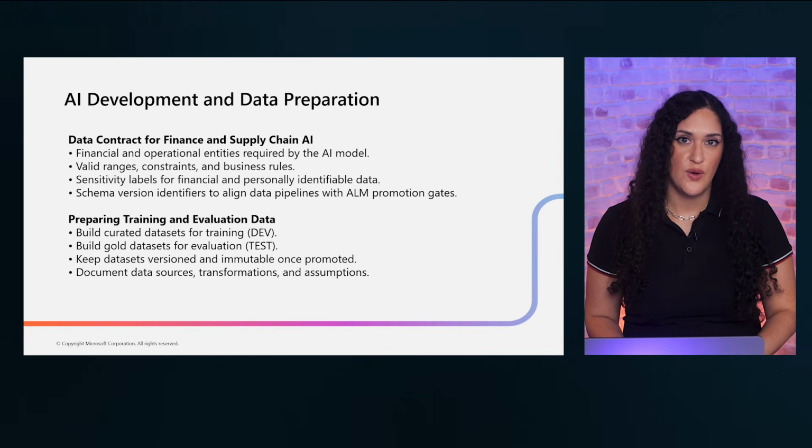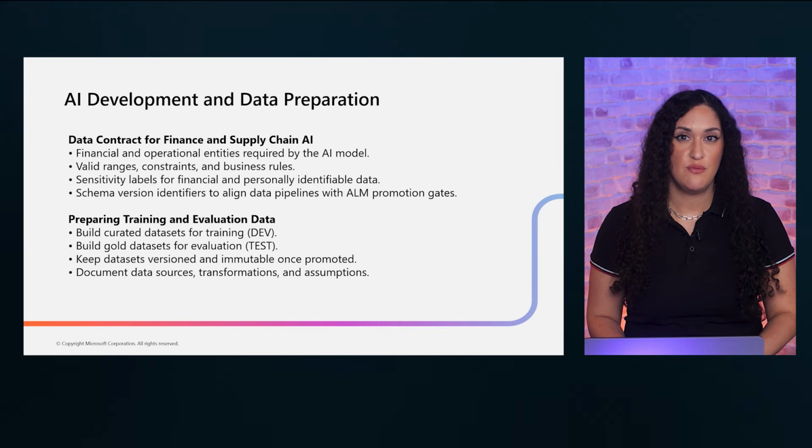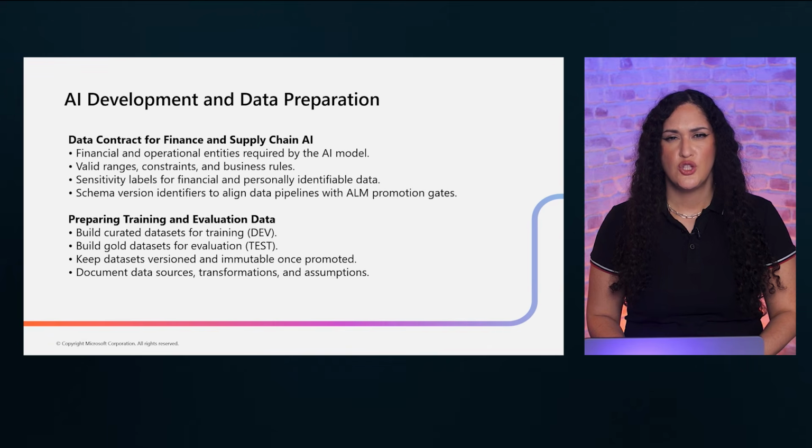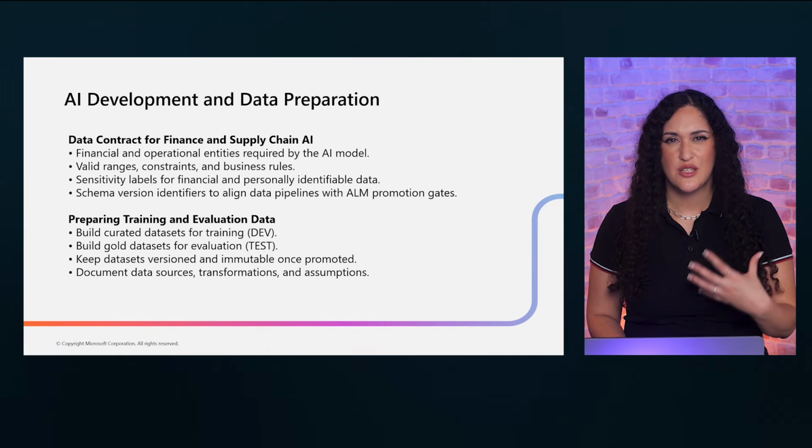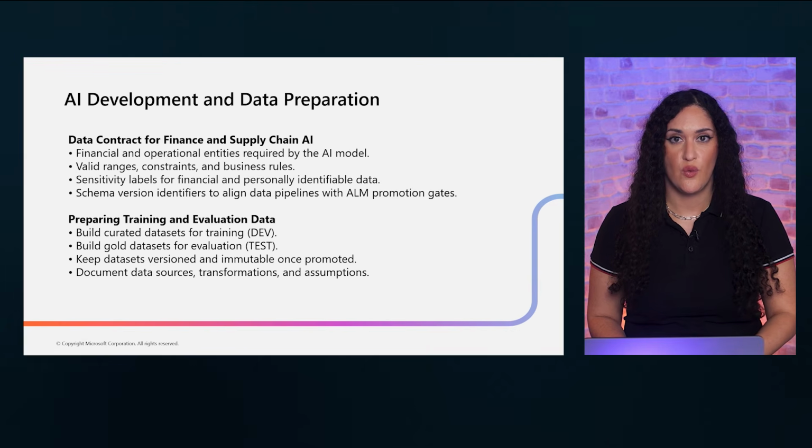For training and evaluation data, build curated datasets in Dev and Gold datasets in Test. Keep them versioned and immutable once promoted. Document all data sources, transformations, and assumptions. Financial data carries extra sensitivity. Every data contract must explicitly address regulatory requirements like audit retention, access controls, and cross-border transfer restrictions.